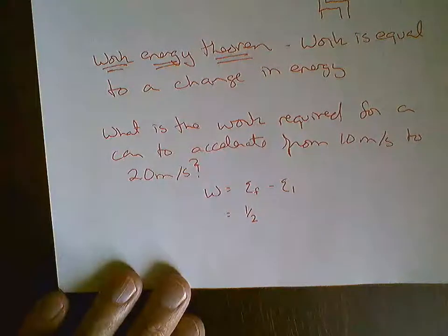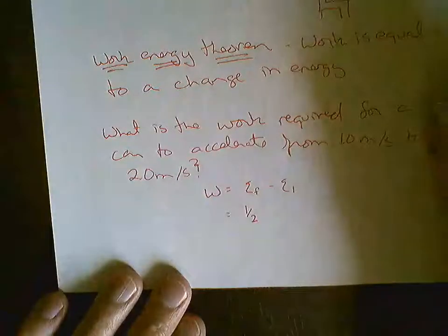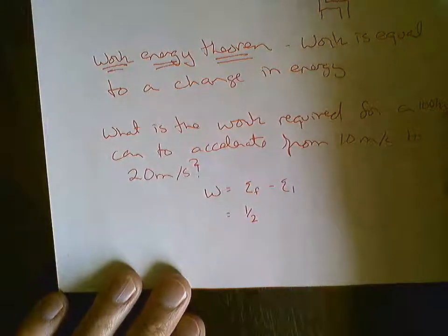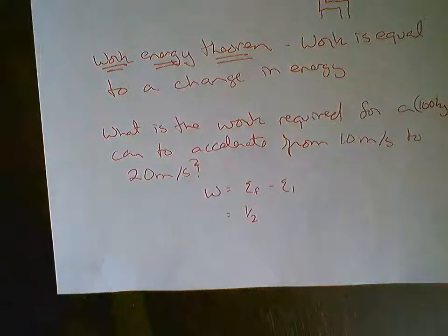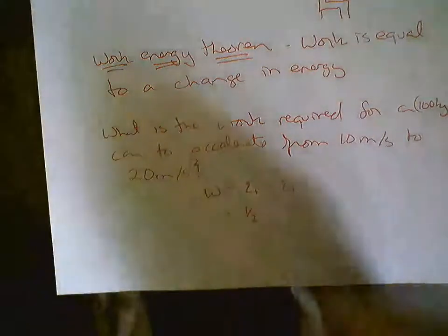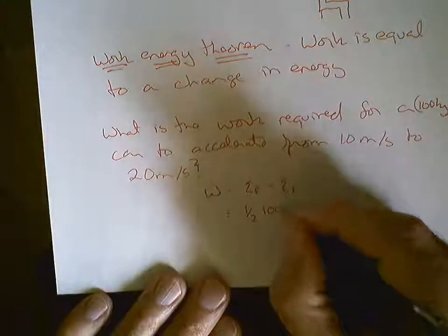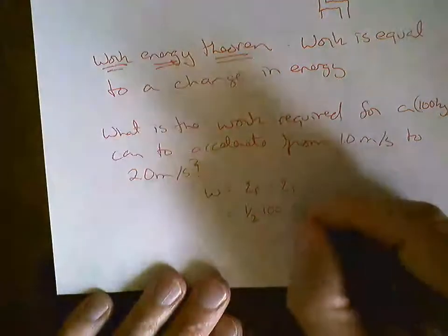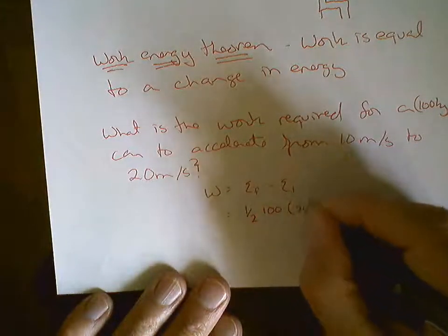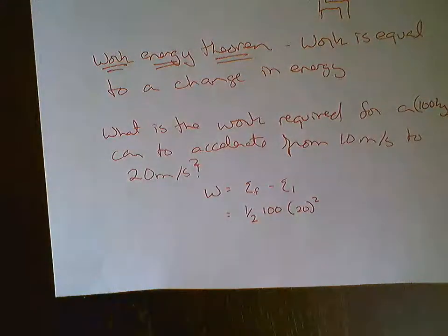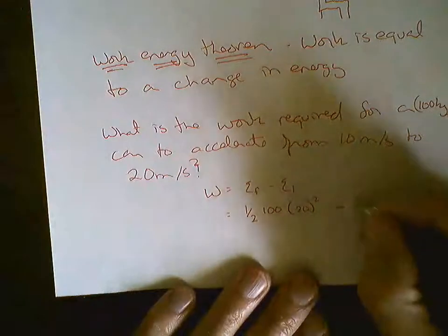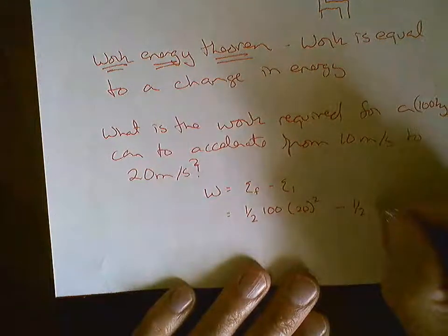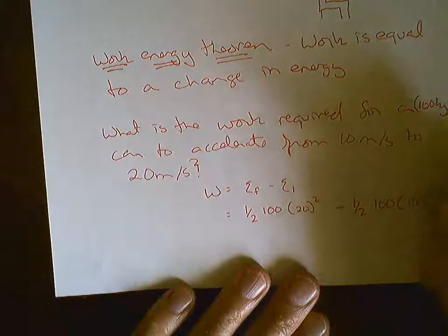Now, we must give the car a mass. Let's give it 100 kilograms. So what we have to do is look at the energy final. It is moving, so we can use the kinetic energy formula. We have one half times 100 kilograms times 20 squared because it's moving at 20 meters per second. And then we subtract the energy initial. The car has the same mass, it's just moving at a different speed.